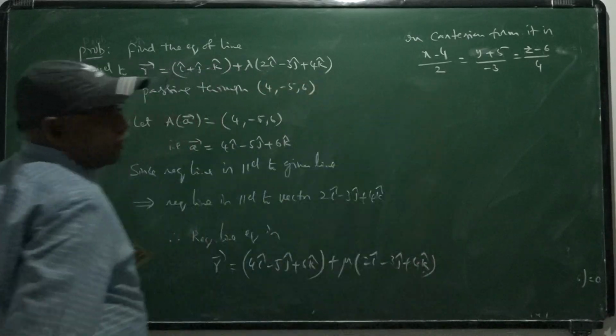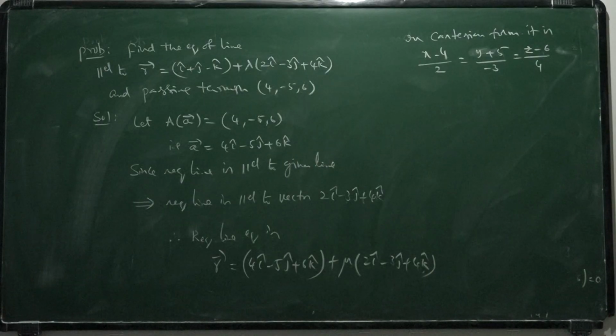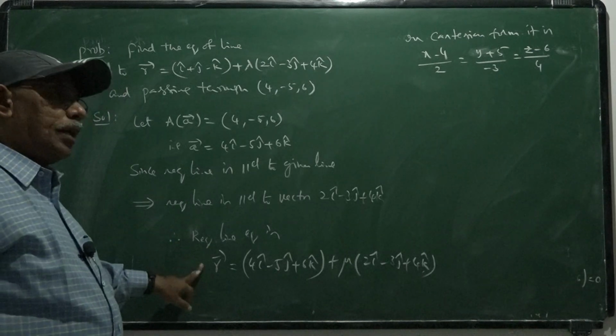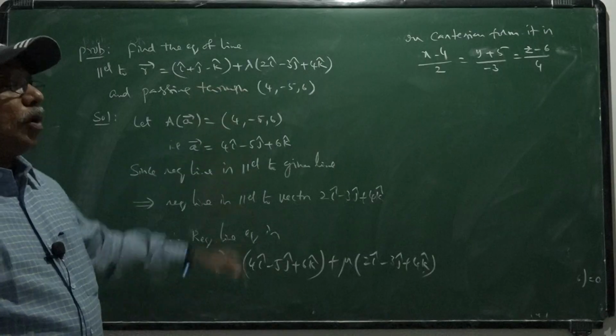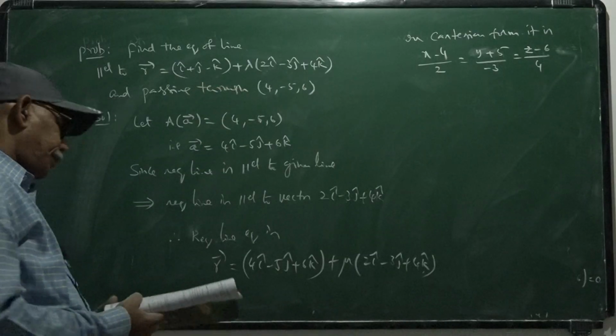Hence I am taking straight away the DRs of the line as the i, j, k components of the vector parallel to the given line. Like that, we can evaluate the line either in vector form or Cartesian form.